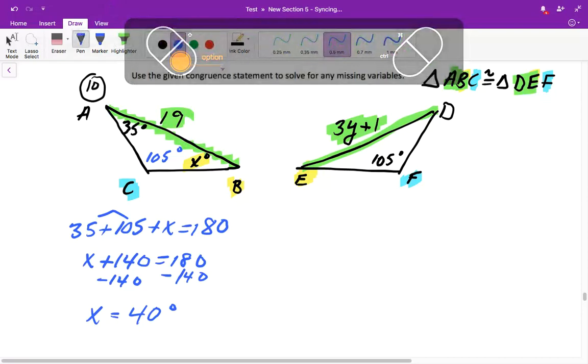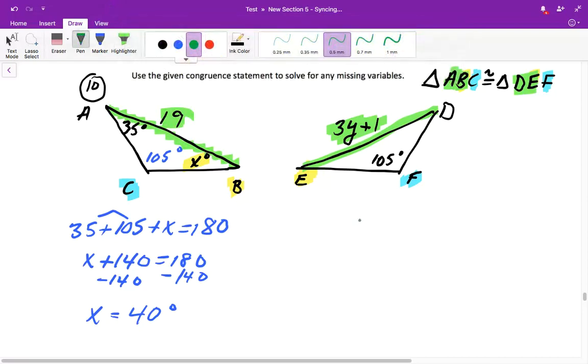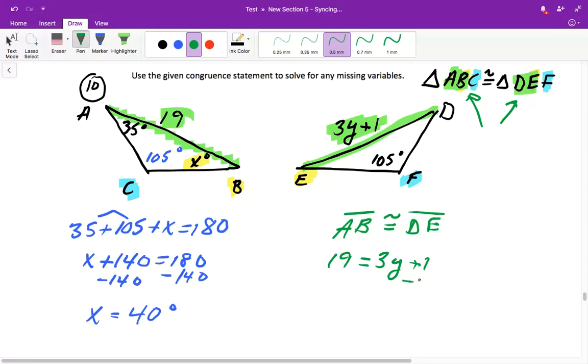So now I can quickly and easily solve for this because I know AB is going to be congruent to segment DE based on our congruency statement that I showed you. And now that means I know that 19 is equal to 3y plus 1. Subtract the 1, 3y is then equal to 18, divide each side by 3, and y is then equal to 6. All right, that's it for question 10. Let's move on to the next one.